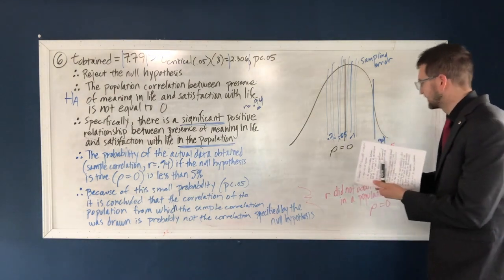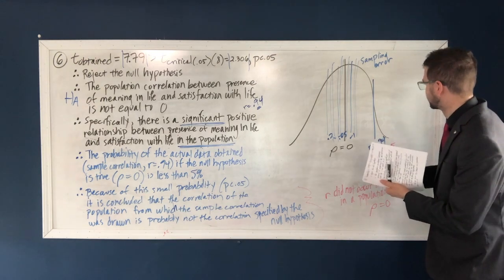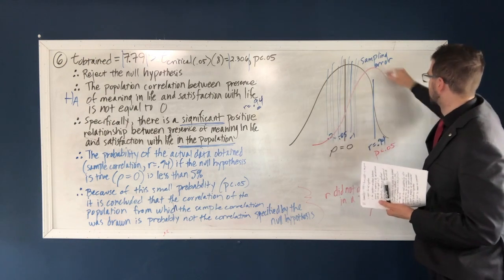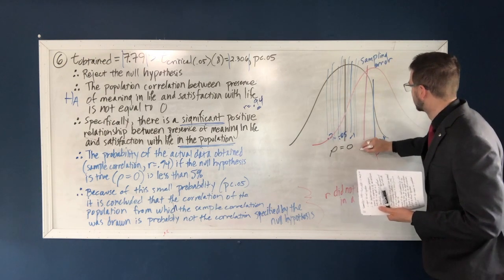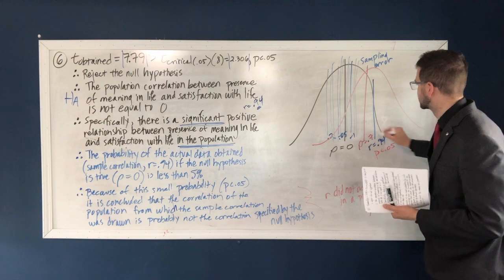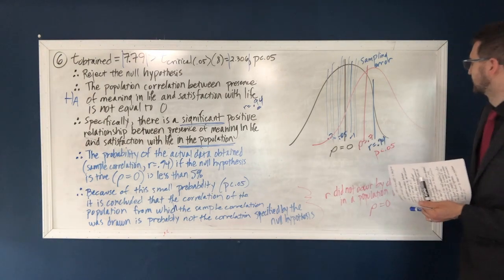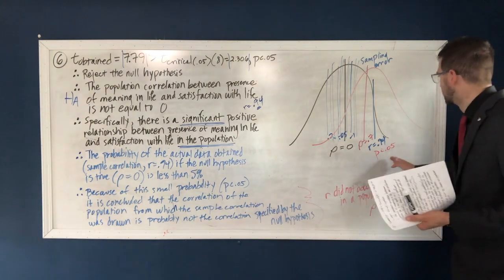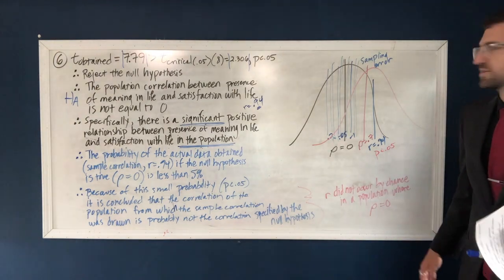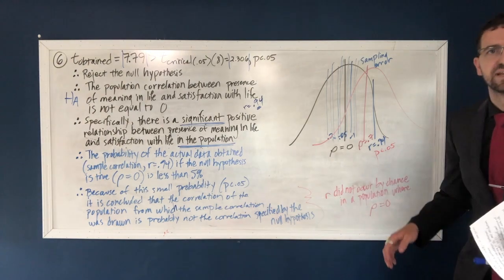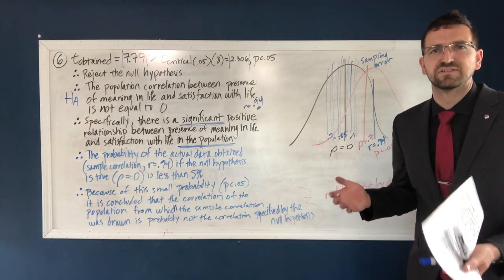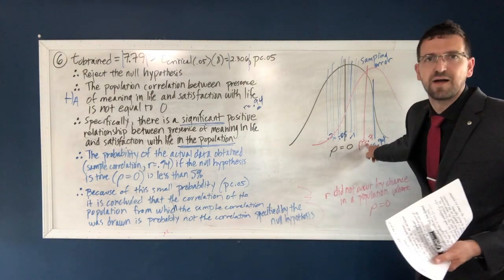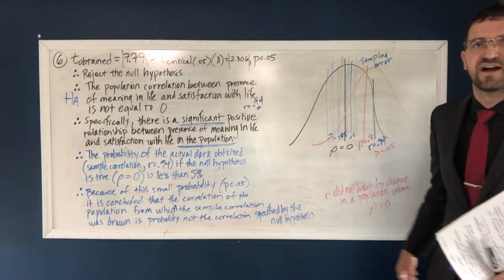So it's more likely that maybe the population is over here where rho is equal to 0.7, right? And then if rho is equal to 0.7, we could conclude that r equals 0.94 probably happened due to sampling error. So the probability of getting it, if this was the population value, is greater than 5%.